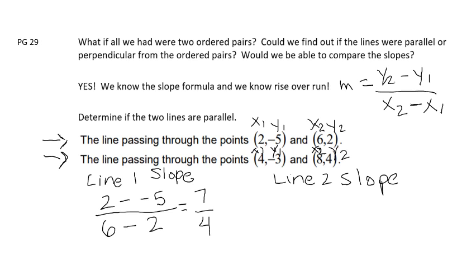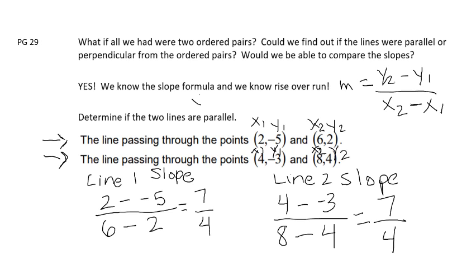And when we do the slope, we're going to have y2 minus y1 over x2 minus x1. 4 minus -3 is 7. 8 minus 4 is 4. And these two lines have the same slope. So yes, they are parallel.